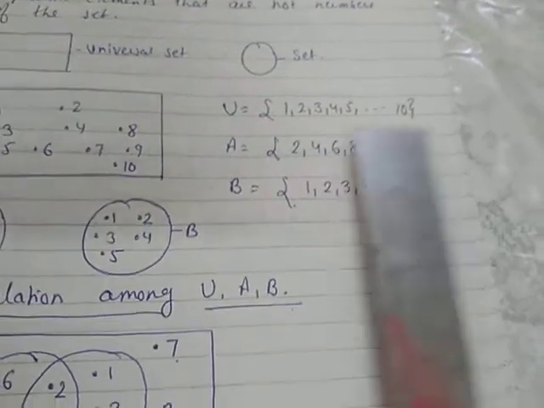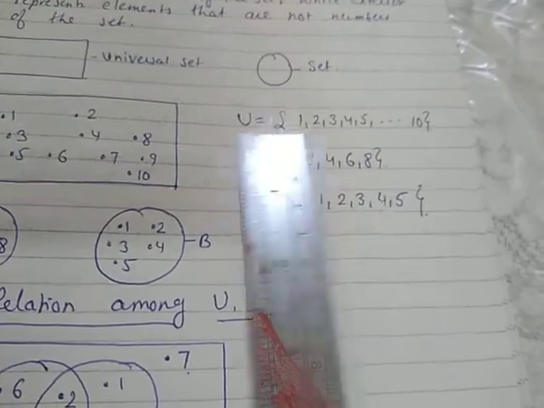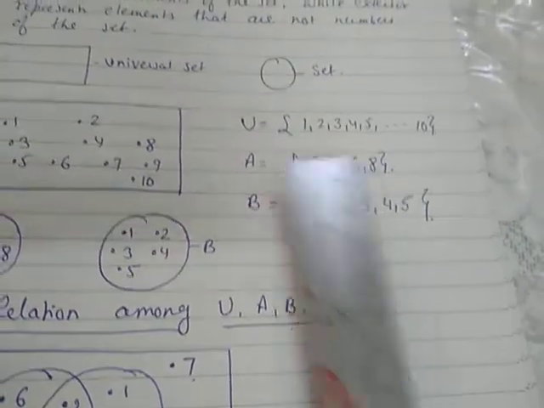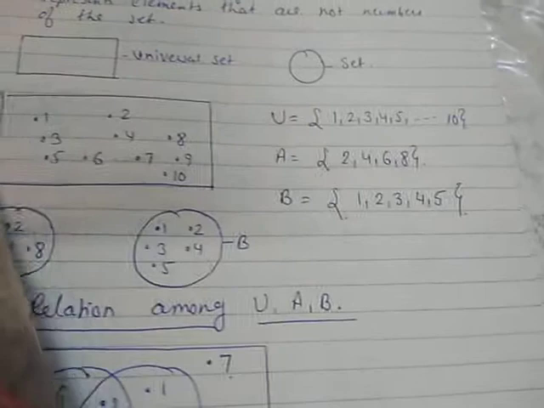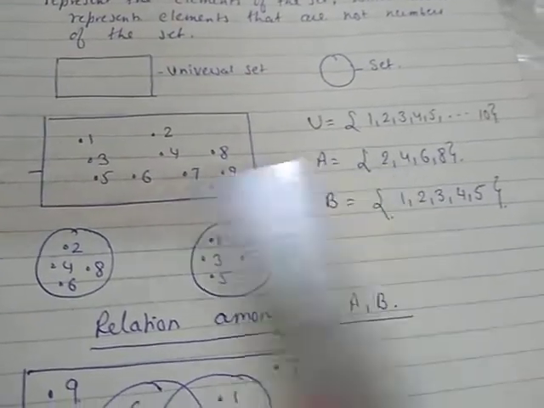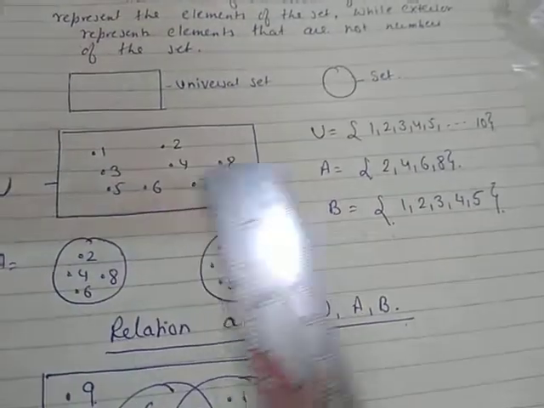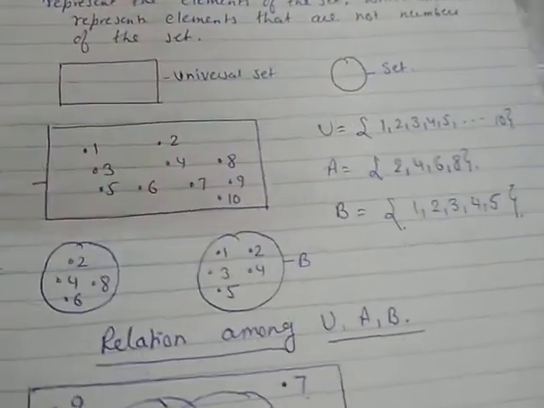Now how to represent it geometrically? U is the universal set of these two particular sets, therefore U can be represented by a rectangle. Just see here, it is a rectangle. Set U means all the elements are present here. I have drawn it separately so that you can understand it better.